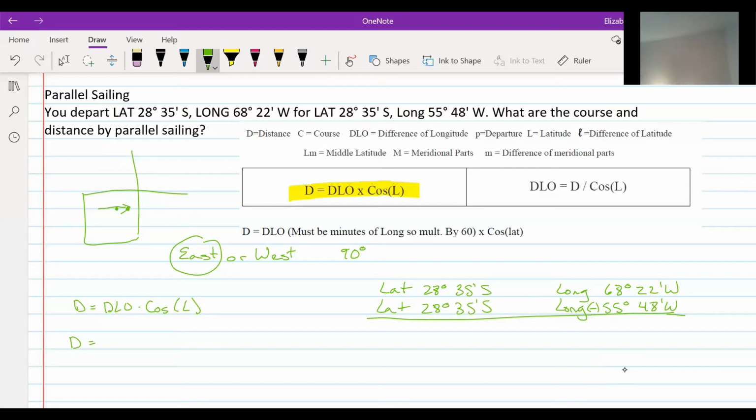I'm going to put that into my calculator. I'm using the Casio calculator that some of you should have. 68, degrees minutes seconds button, 22, degrees minutes seconds button, minus 55, degrees minutes seconds button, 48, degrees minutes seconds button.